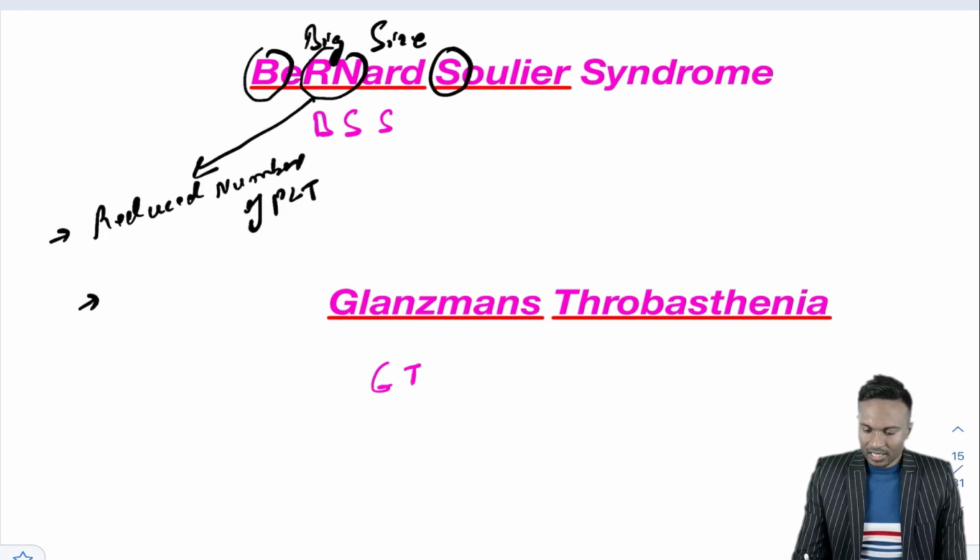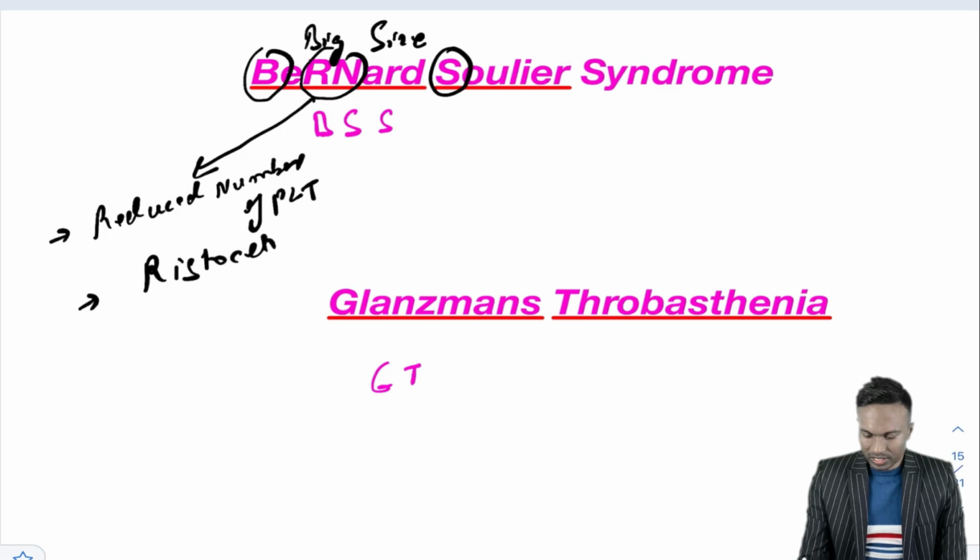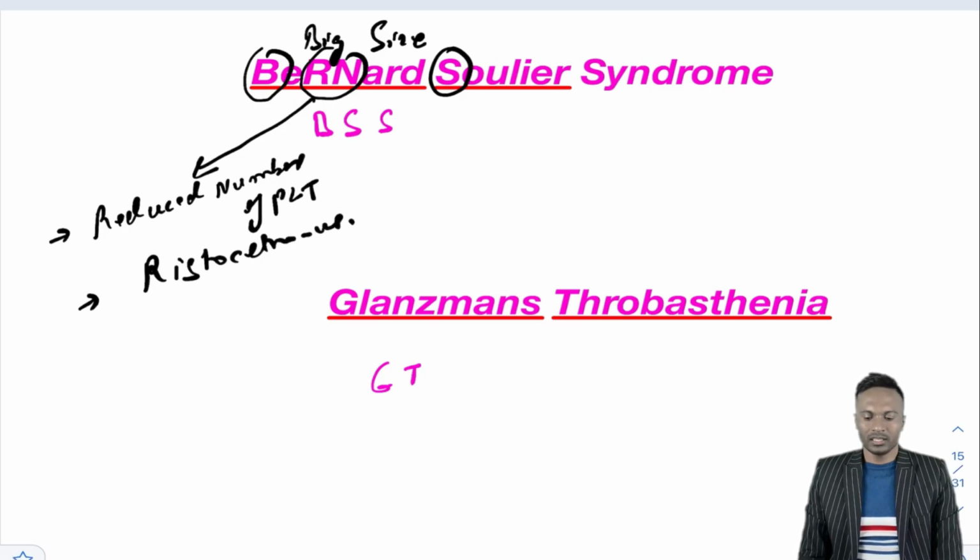Second thing is that RN also stands for ristocetin negative. Ristocetin negative, okay, as we have already seen in case of von Willebrand disease, right? So which glycoprotein is missing in case of Bernard-Soulier syndrome?